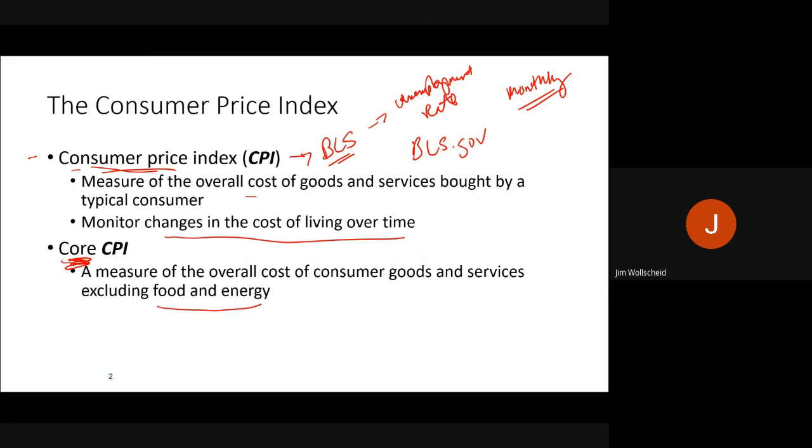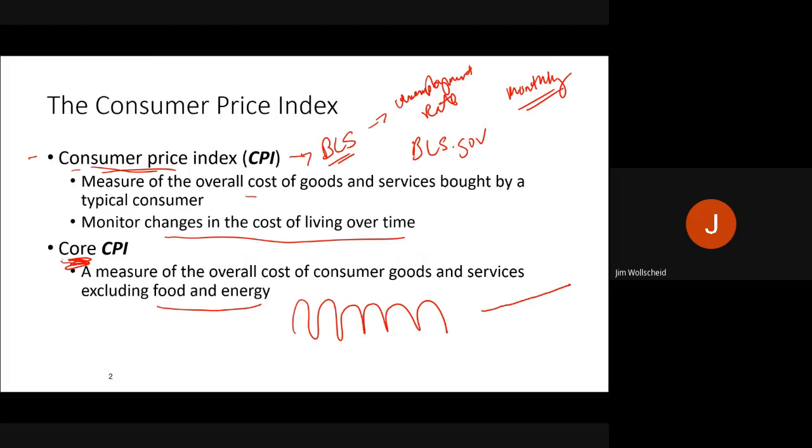Why food and energy? Well, if you notice, the price of gasoline or the price of food varies a whole lot. If you look at other prices, such as television services, they move up gradually. You don't pay different prices for internet service each month.